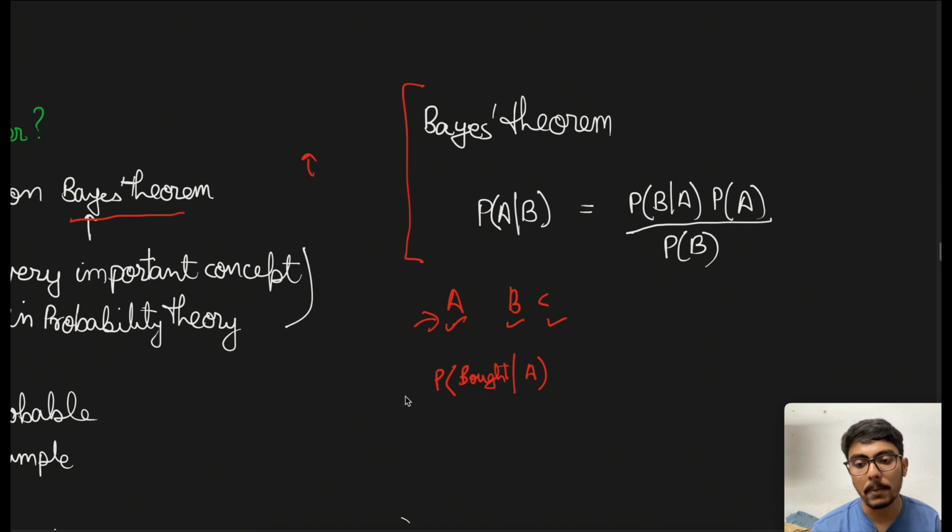Accordingly, whichever manufacturing facility has the least probability of manufacturing a faulty car, we will use that. But before that, we must calculate, if we are buying the car, the probability that it was produced in A. Only then can we choose A.